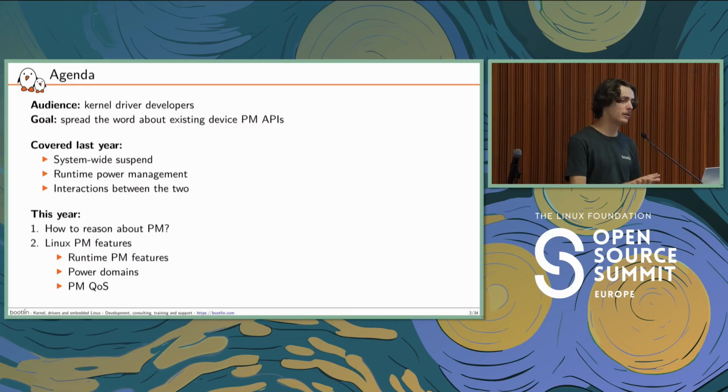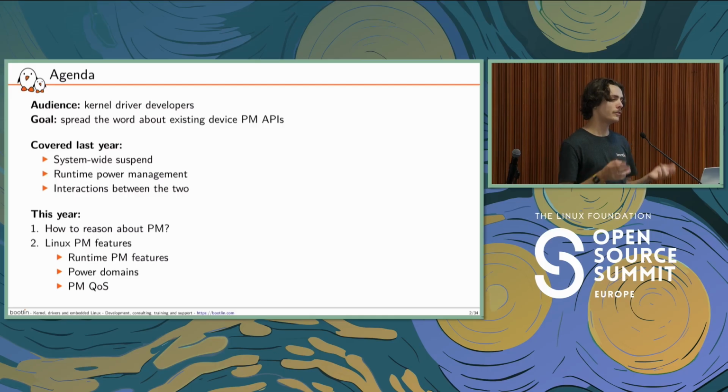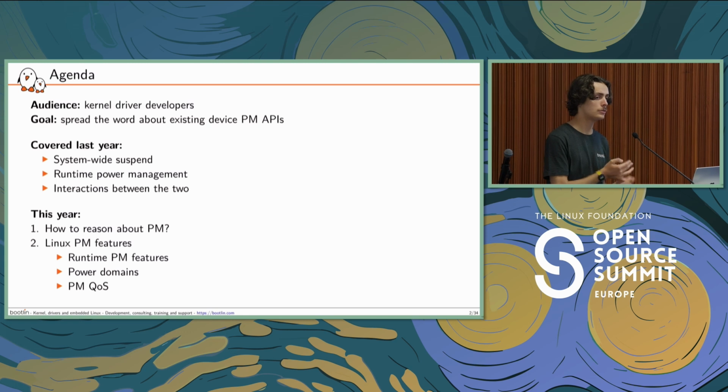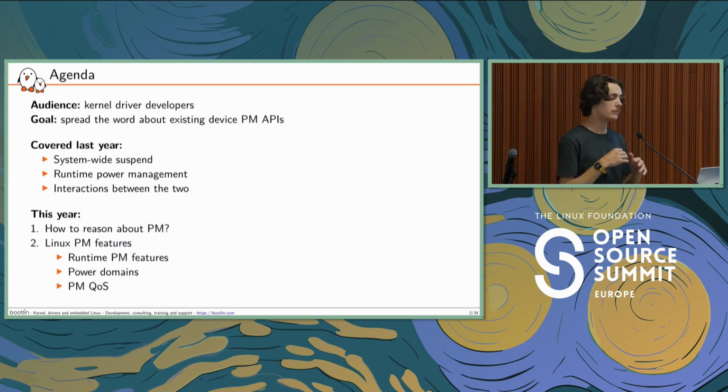We'll be talking about Linux power management, which I'll abbreviate to PM because it's going to be way too long otherwise. We'll cover Runtime PM features. We talked about that last year, but I want to cover some more features because there's a lot to cover. It's pretty simple if you start looking into it, but then you get into many quirks.